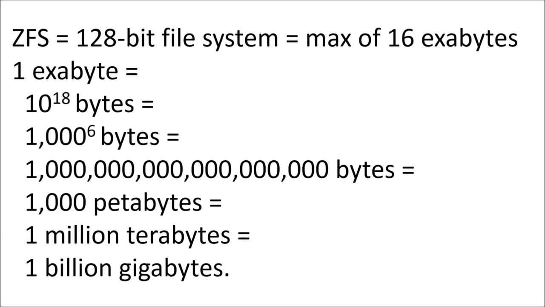So one thing about ZFS is it's a 128-bit file system. I guarantee you will never run out of room because it will support up to 16 exabytes. So an exabyte, if you look down this table, is equal to 1 billion gigabytes. So ZFS will handle up to 16 billion gigabytes, and we're a long way from there.